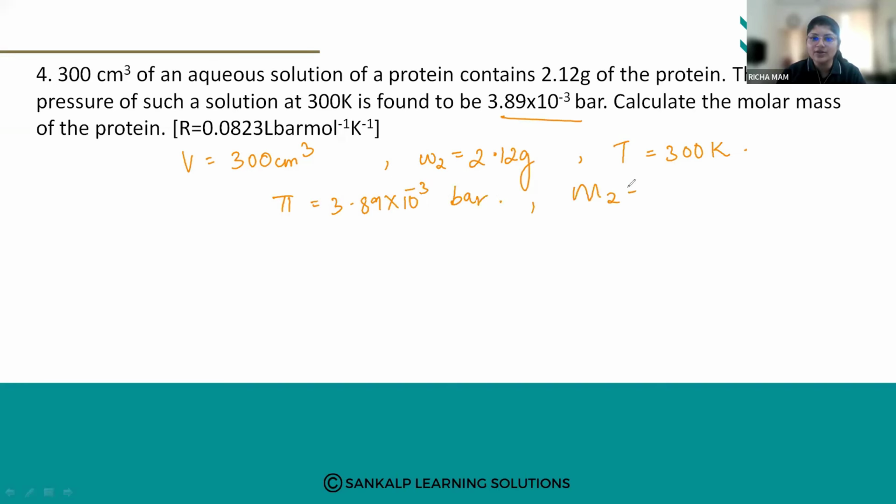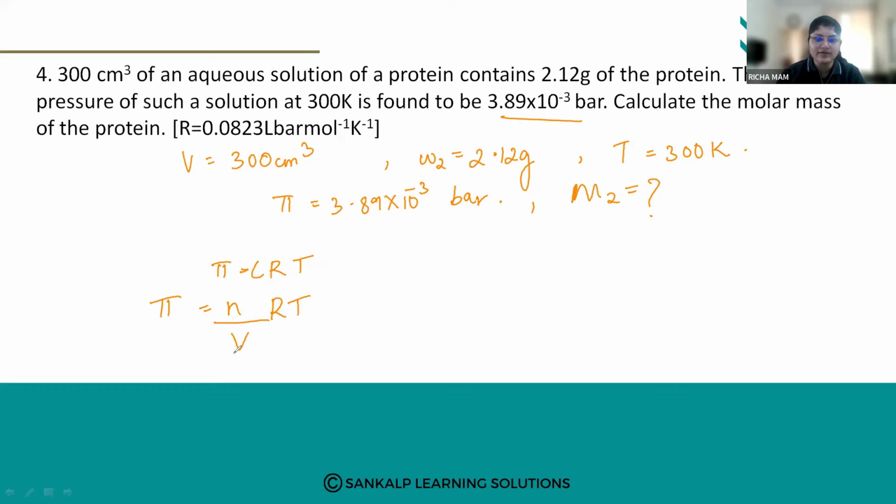Then how can the molar mass be calculated? You know that osmotic pressure is denoted by pi. So pi is equal to CRT. Concentration is nothing but number of moles upon the volume. So we have to calculate the number of moles.